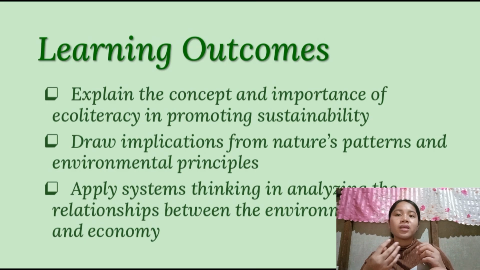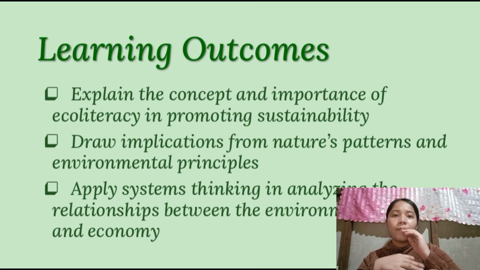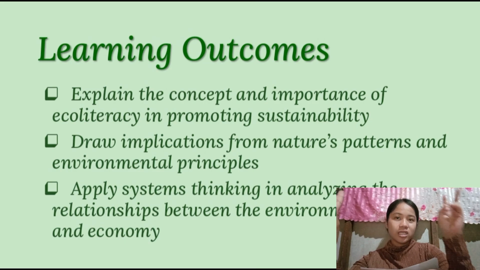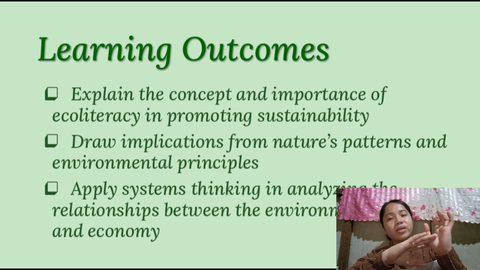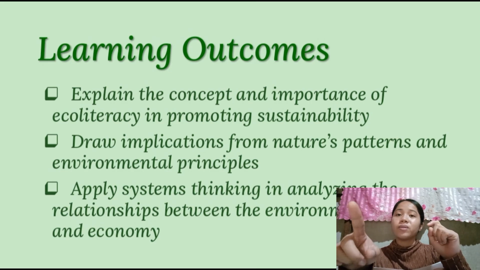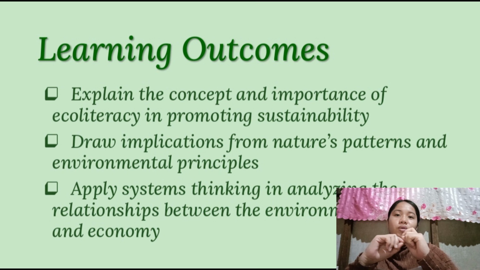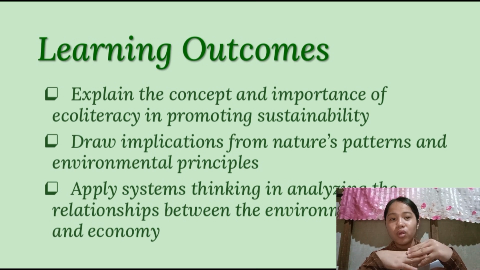By the end of this discussion, we should be able to explain ecoliteracy, see how nature has its own patterns, and use systems thinking to understand how the environment, society, and economy are all linked. Think of it as leveling up your understanding of our lovely world.